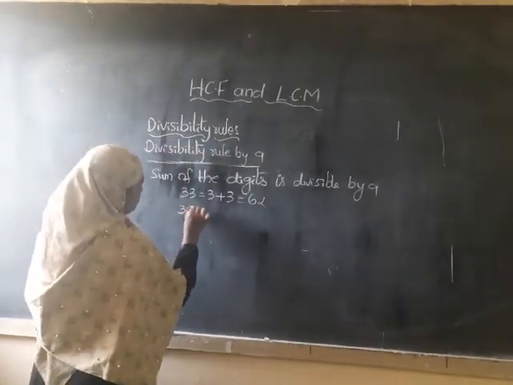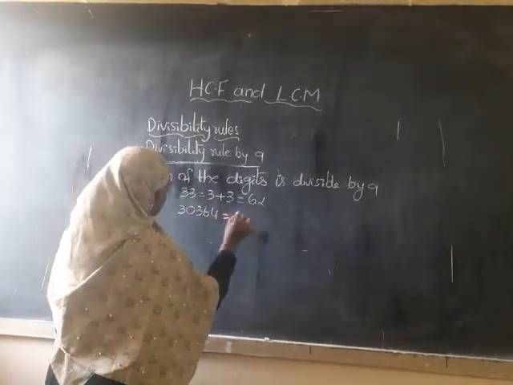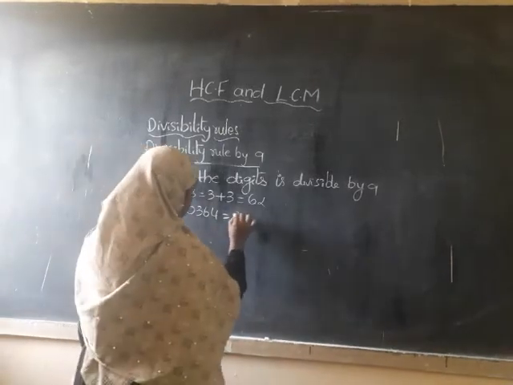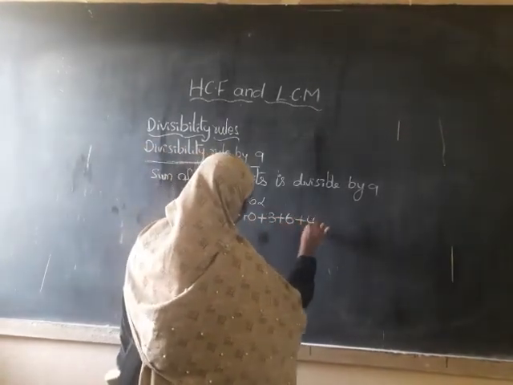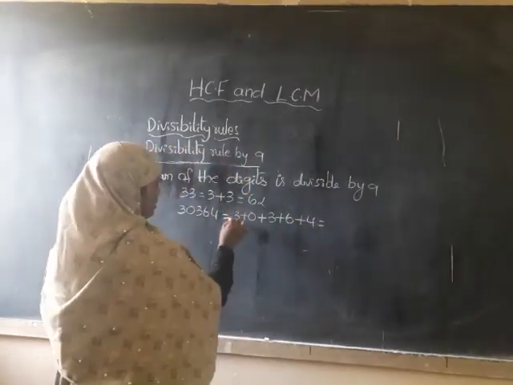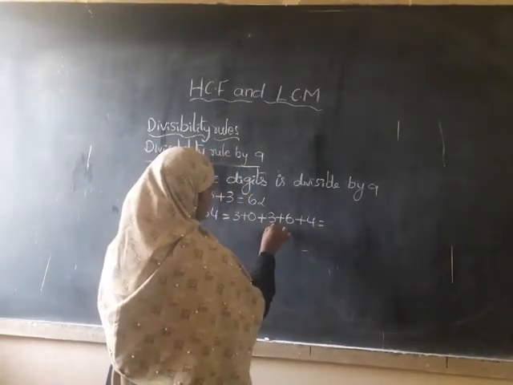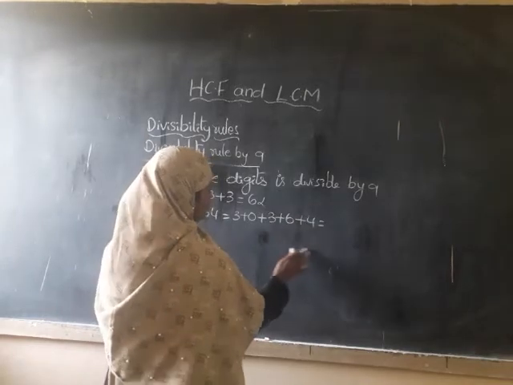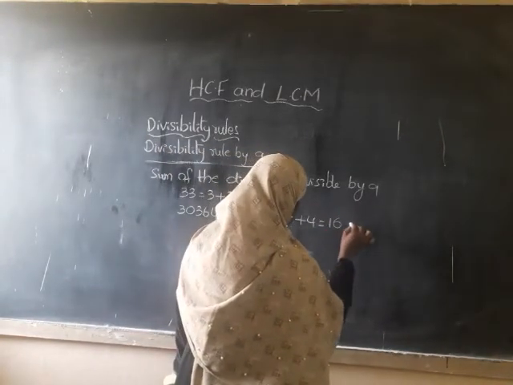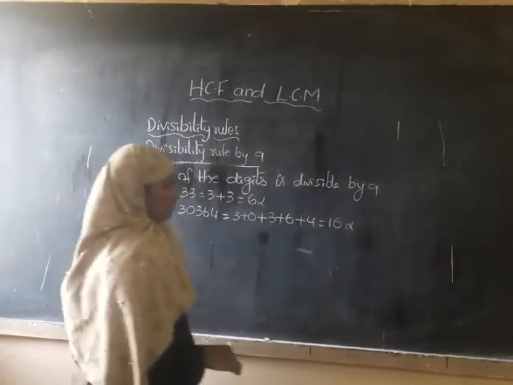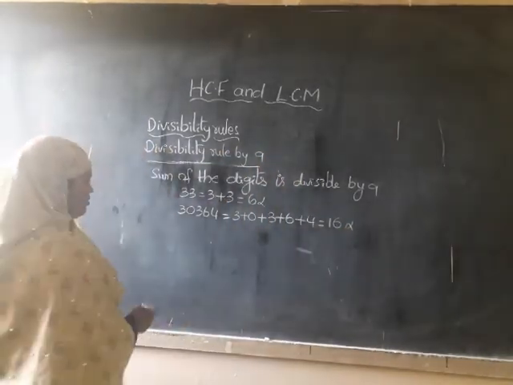Now, sum of the digits: 3 plus 0 plus 3 plus 6 plus 4. So 3 plus 0 is 3, 3 plus 3 is 6, 6 plus 6 is 12, 12 plus 4 is 16. It is not divisible by 9.